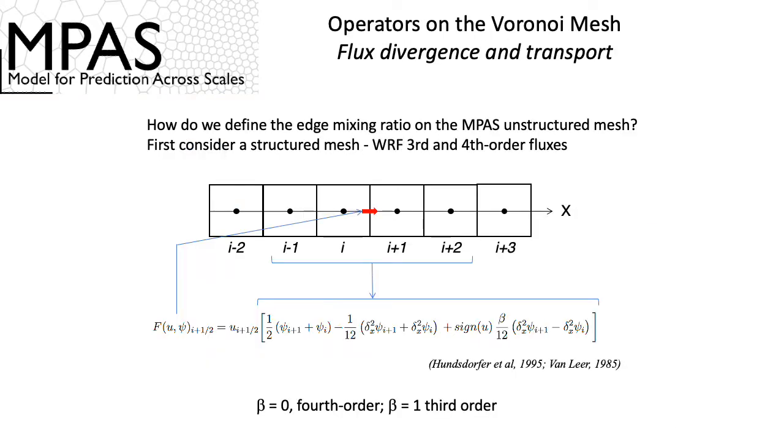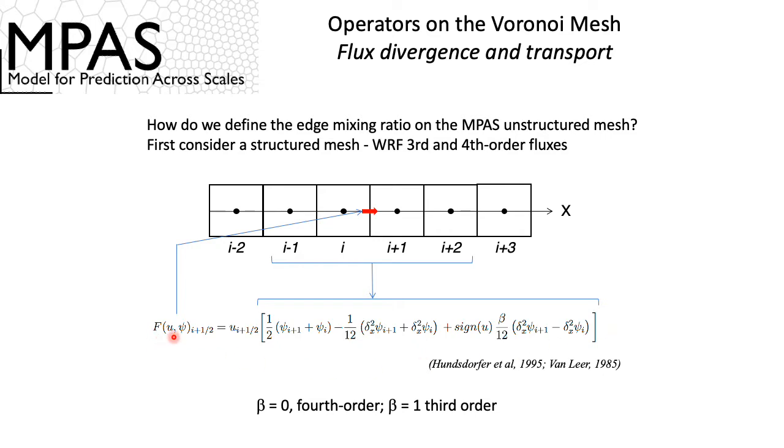For those of you familiar with atmosphere models that are constructed on a regular orthogonal global mesh, or regional mesh, take for example WRF, usually a flux at an interface is defined, for example, in WRF as the equation you see below.